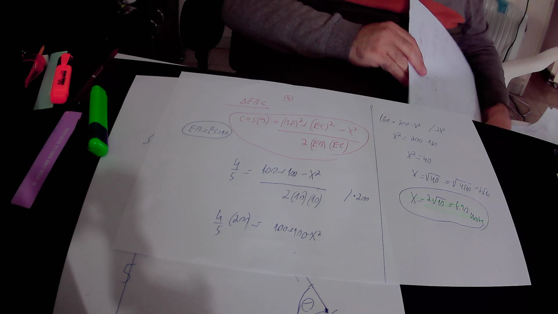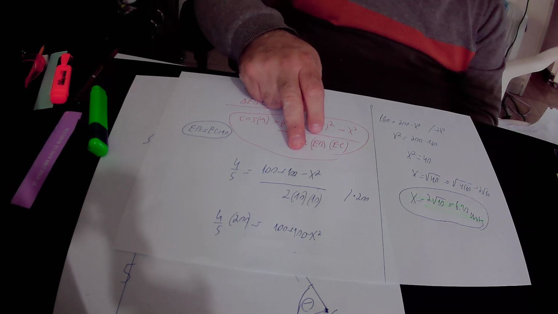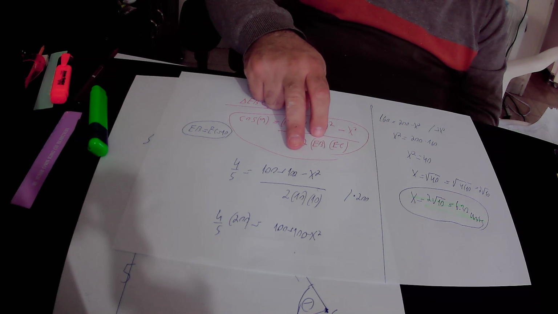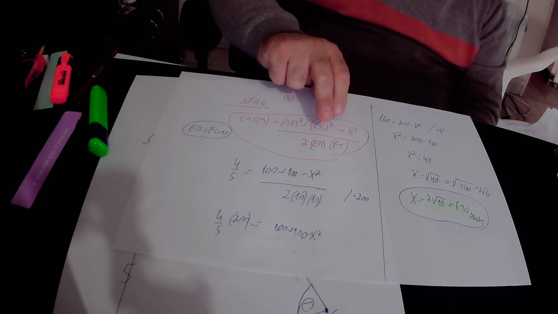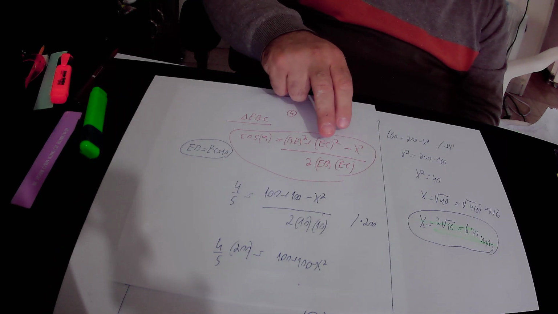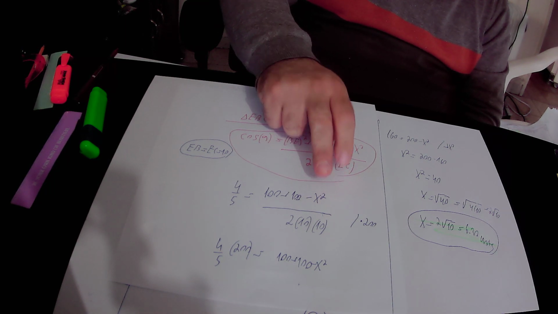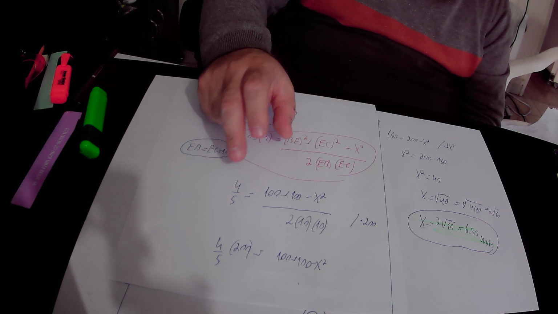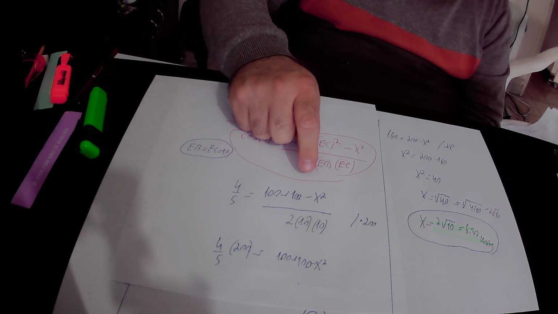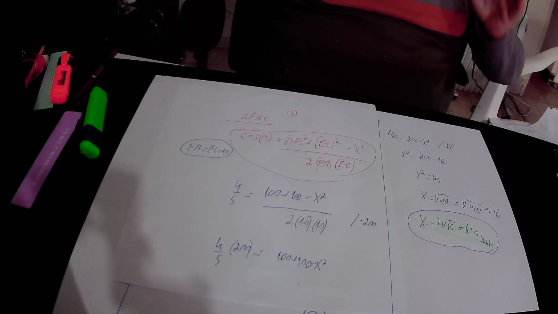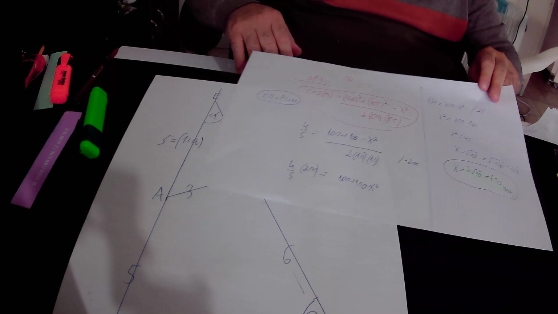So here 100 plus 100 is 200. So in the numerator we have 200 minus x squared. And in the denominator we have 2 times 10 times 10, that is 200. So we multiply this equation by 200 and we get that 200 times 4 over 5 equals 100 plus 100 minus x squared. 100 plus 100 is 200.